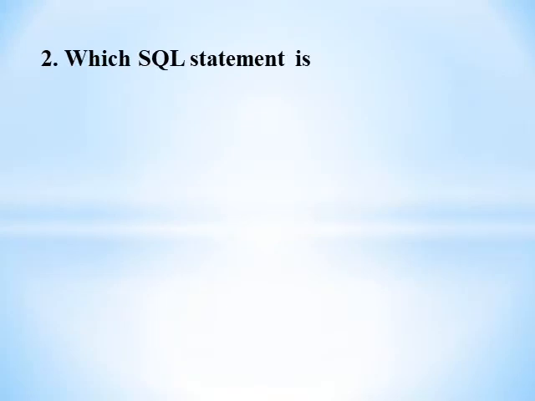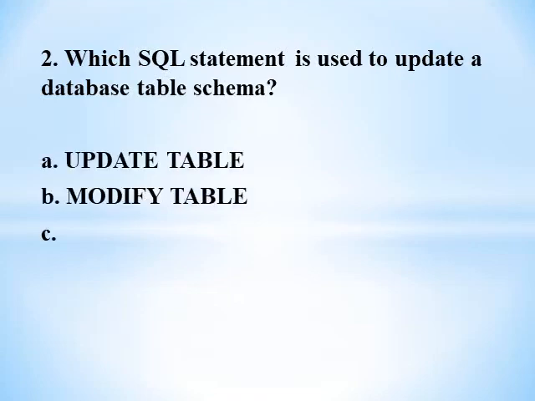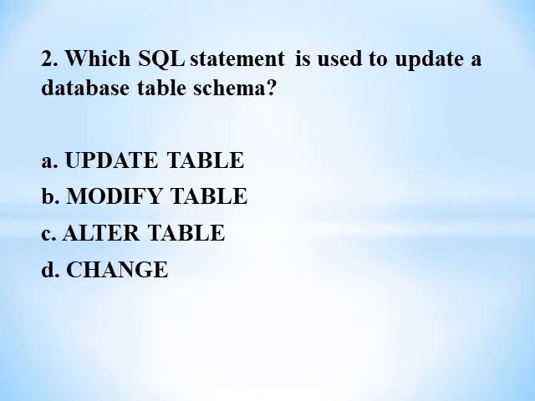Which SQL statement is used to update a database table schema? Options are update table, modify table, alter table, and change table. Generally, data definition language commands are used to define the different structures in the database.